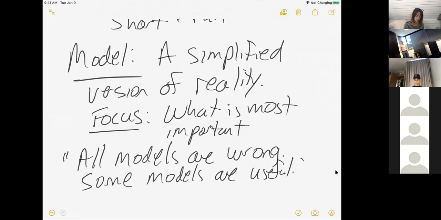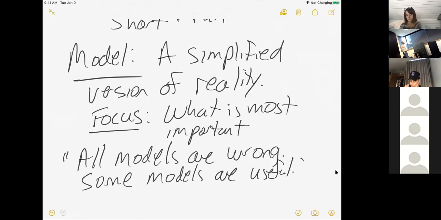To say that a model is wrong doesn't really mean that it's not a good model, because that's not really the point of a model. A model is not to try to capture everything. It is to try to simplify things so that we can understand some things. Not everything, but some things, okay?